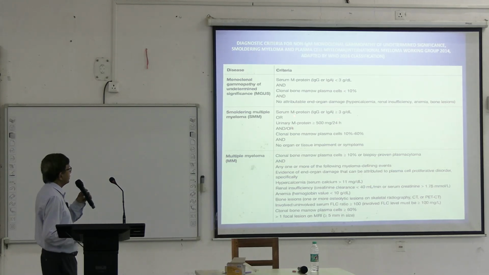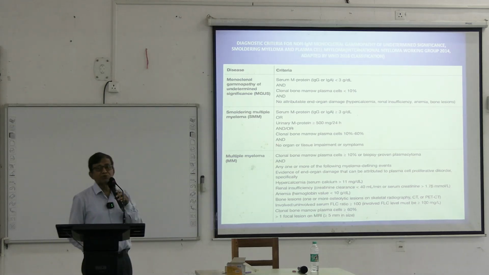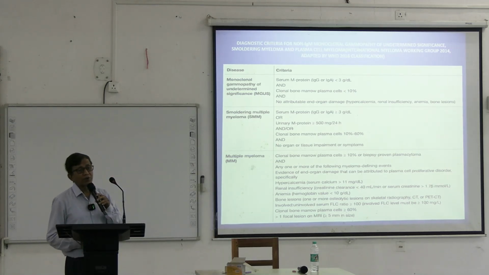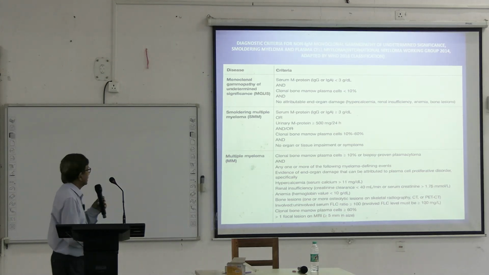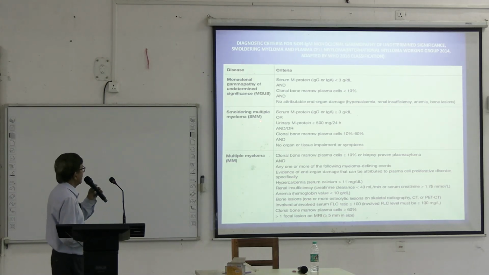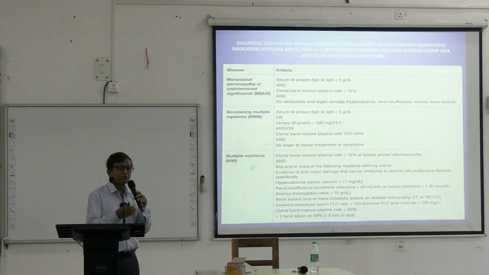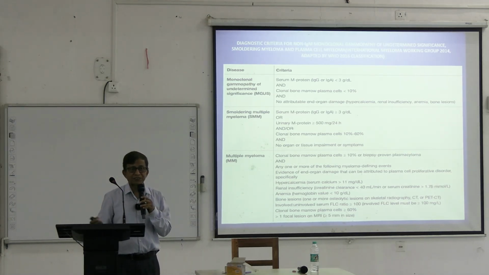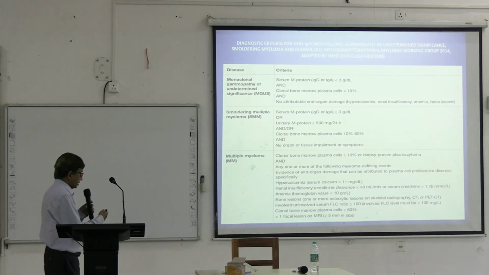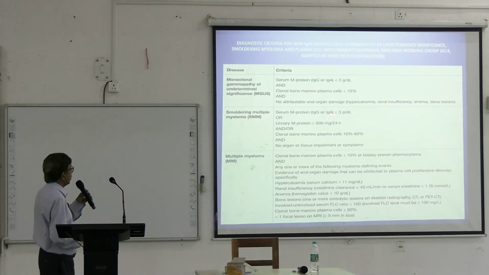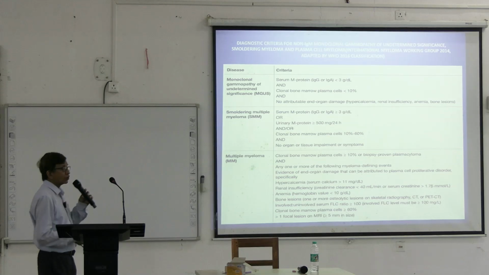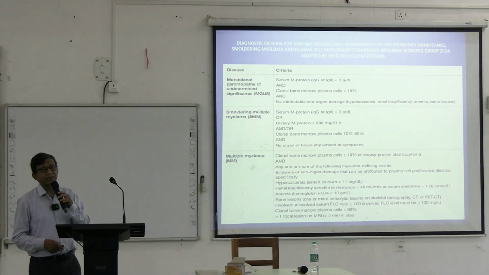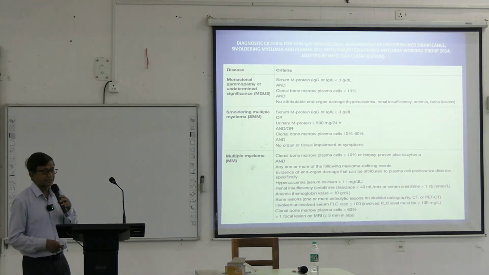The serum protein may be high, but there are no systemic symptoms and no evidence of systemic organ damage. It is called smoldering myeloma. Smoldering means very chronic, staggering, at a chronic phase. In smoldering, you will always have immunoglobulin more than 3, but organ damage, systemic damage will be less.